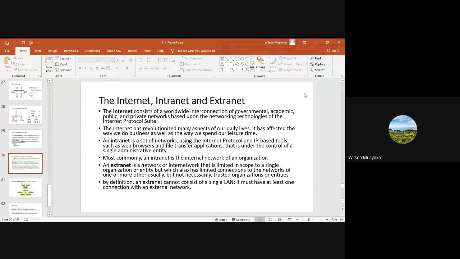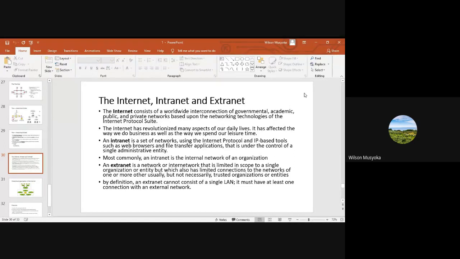The intranet will be a private network, a private network that is under the control of a single administrative entity. And this intranet cannot be accessed from outside.